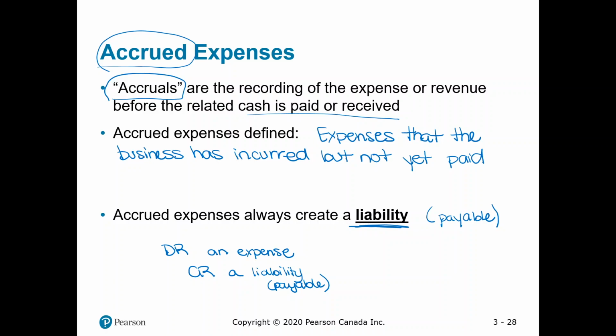The bank, typically you pay interest the following month for the previous month. So that interest expense needs to be accrued. And then any time that you just have a bill that hasn't been received yet. Maybe your utilities bill is late coming in, so it hasn't been recorded during the month, but you know at the month end you need to accrue some sort of expense for that.